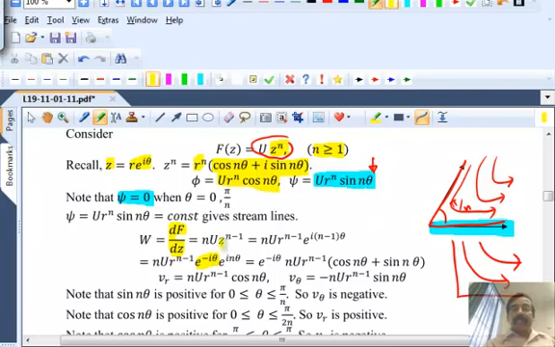So here you are putting z to the power n minus 1, which is e to the power i (n minus 1) theta, and of course r to the power n minus 1. All we are doing is substituting z equals r e to the power i theta. Okay, and then you have n nu r to the power n minus 1. And what you need to observe carefully is this term has e to the power minus i theta, and then what is left is e to the power i n theta.